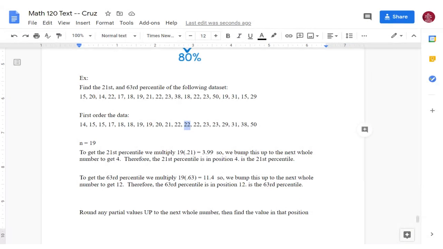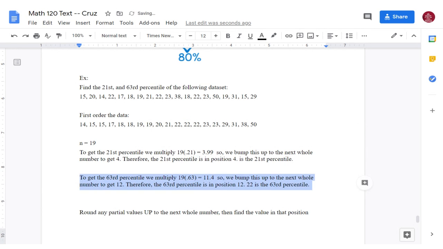So 22 is the 63rd percentile. All right, any questions?